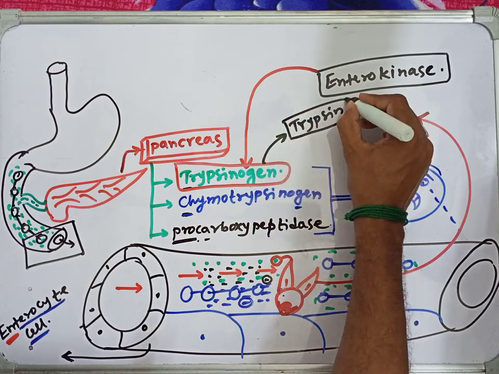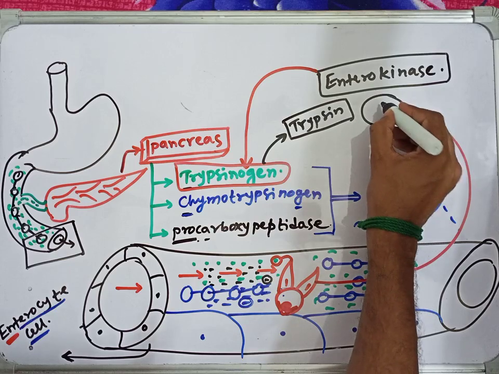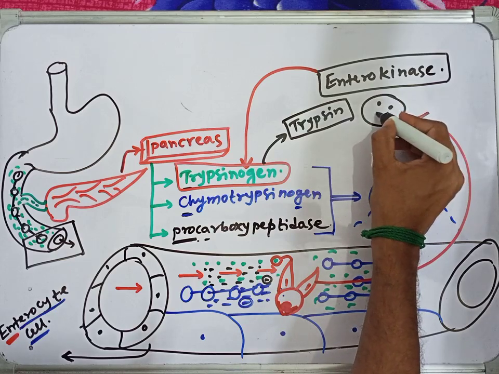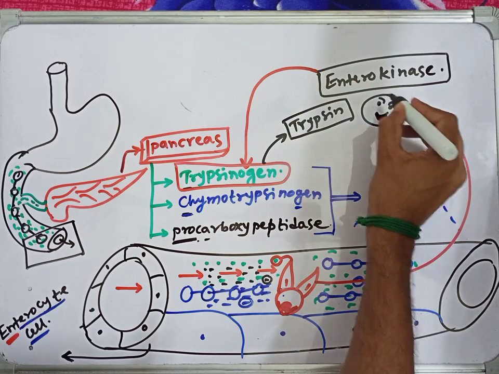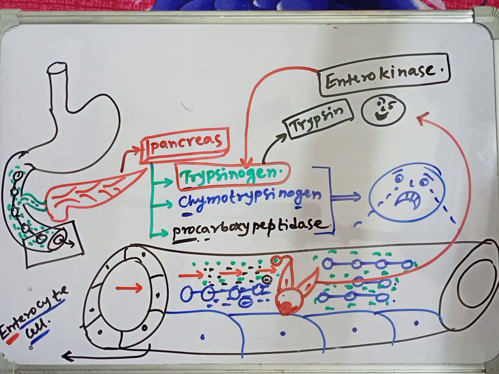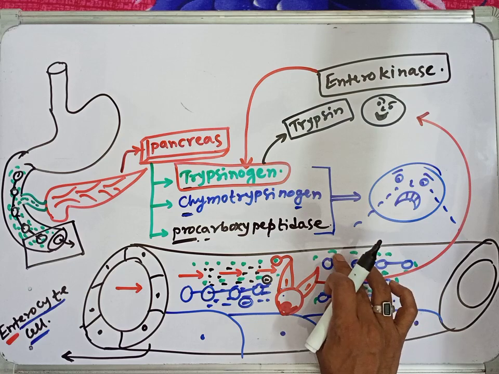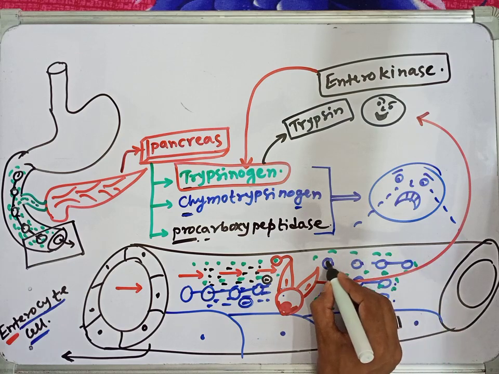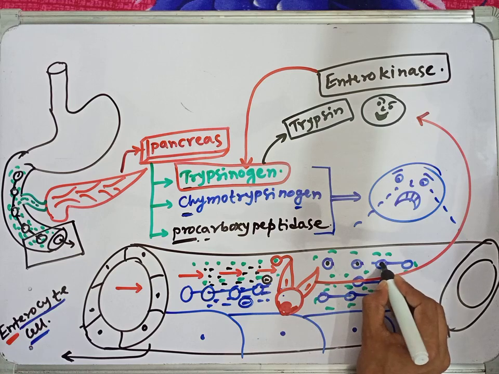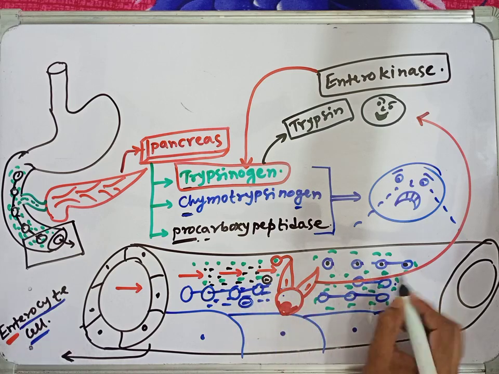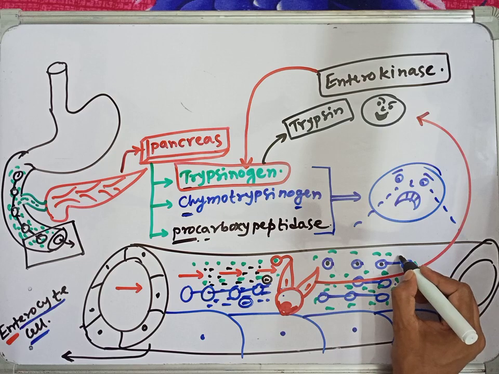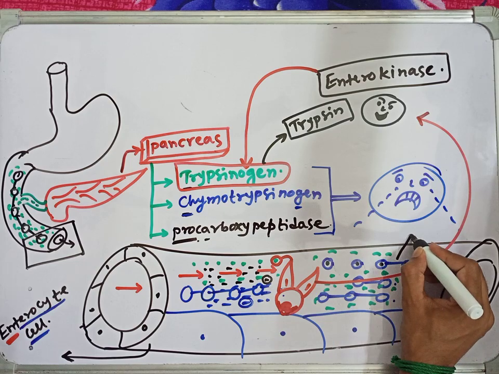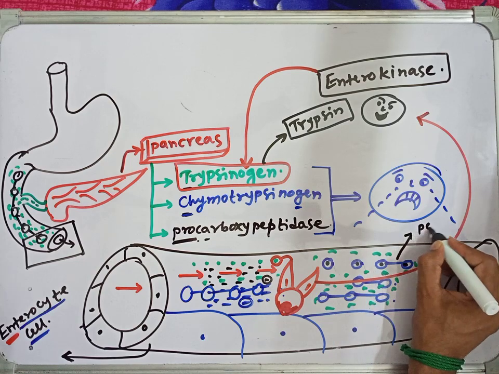Now this trypsin is ready for the digestion of protein, and trypsin has the capacity to cut the peptide bond in between the amino acids, right? All of this is amino acid, and in between amino acids, this bond is called a peptide bond.